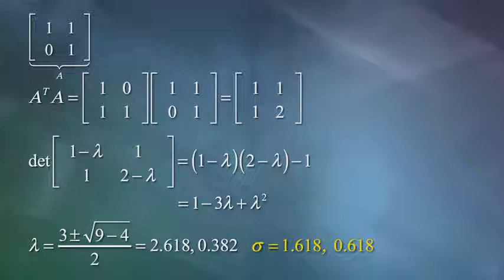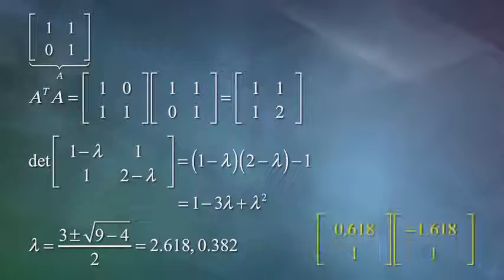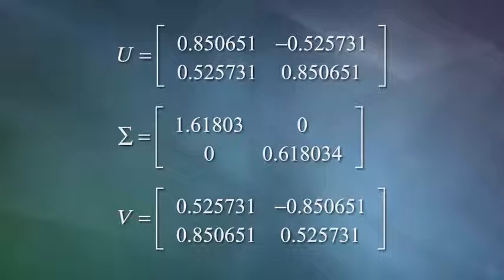When you compute the eigenvectors, you'll find these. Once you normalize these vectors, these are the columns of V. Then we compute U by multiplying A times V and normalizing those columns. Doing this, you'll get this.